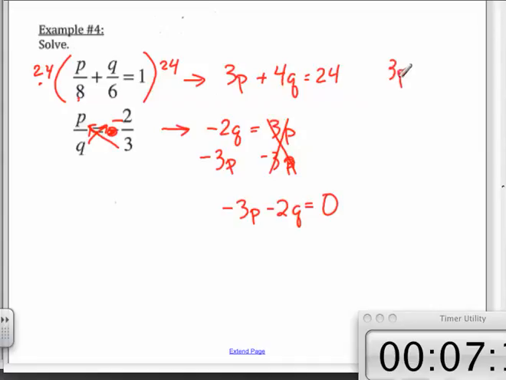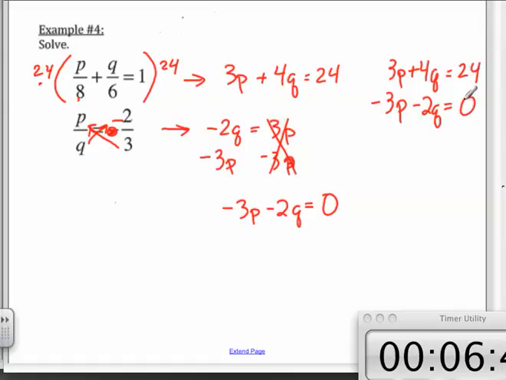So now look, I'm going to rewrite these just so I can see them. So now I've got 3p plus 4q is equal to 24. And I've got negative 3p minus 2q is equal to 0. Do I need to change them anymore? No. I don't. Which one's going to cancel out for me, Alfredo? The 3p's are going to cancel out. But let me ask you something, Jack. Should I add these two equations or subtract them?